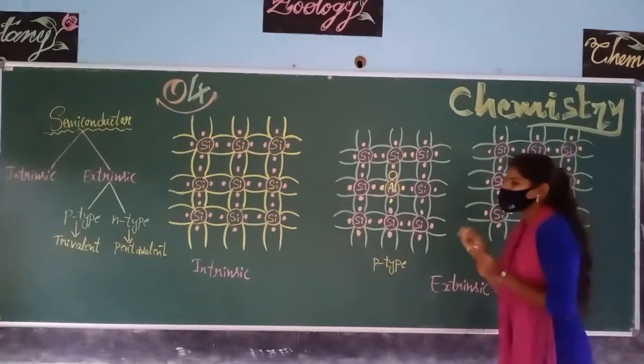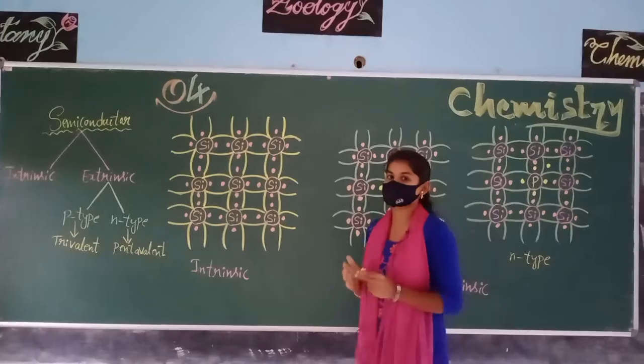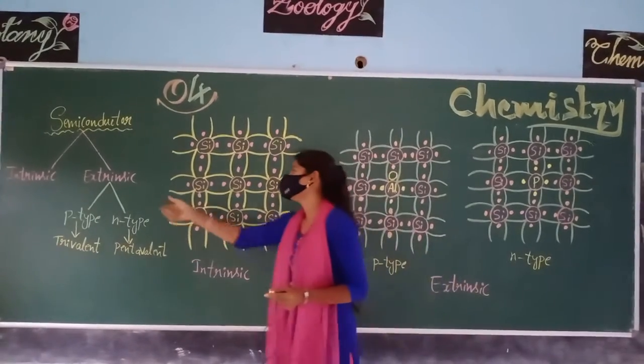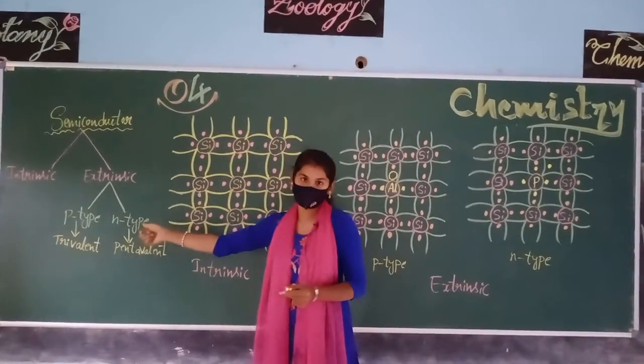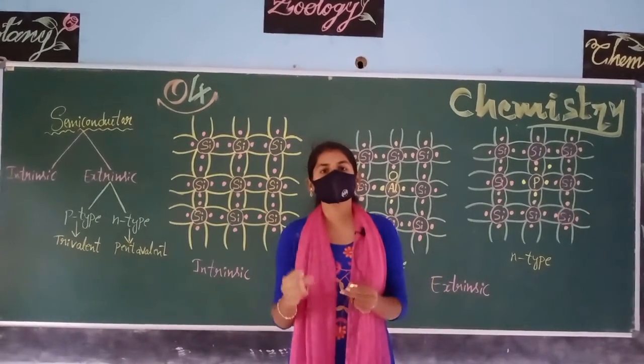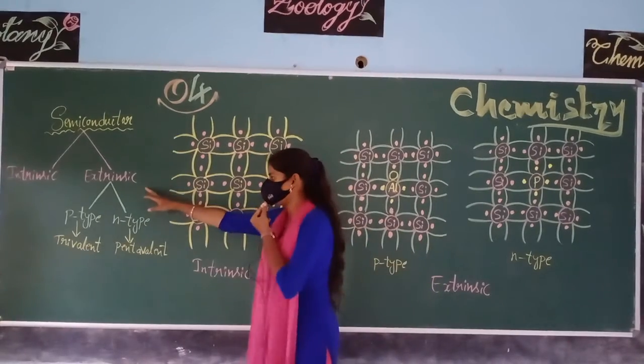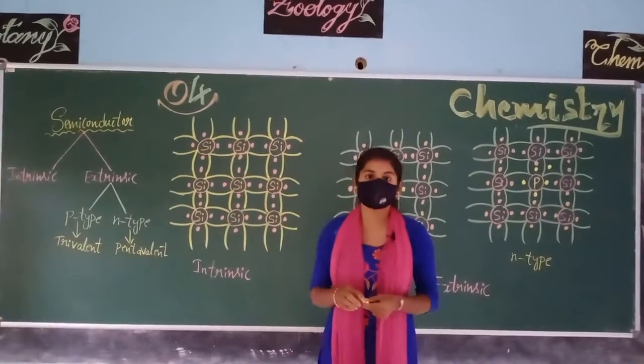Such adding of impurities to the silicon or germanium structure, that is the semiconductor, is known as extrinsic semiconductor. The process of adding the impurities is termed as doping.